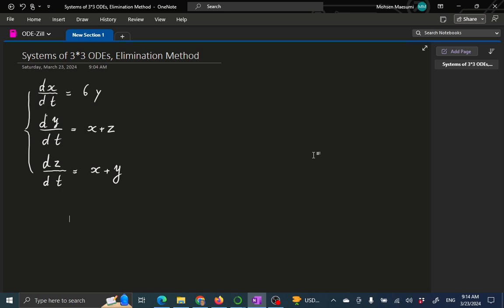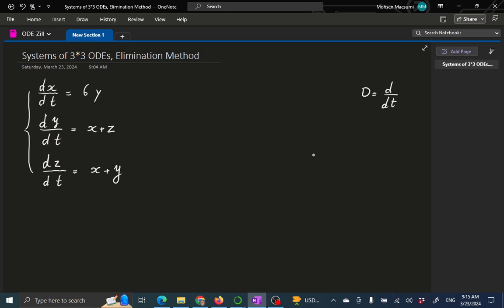So what were our tools in this case? The principal traditional way of handling these things is by simplifying the presentation, and we are going to use D as a shorthand for differentiation with respect to t.